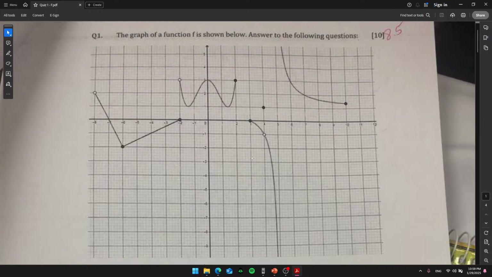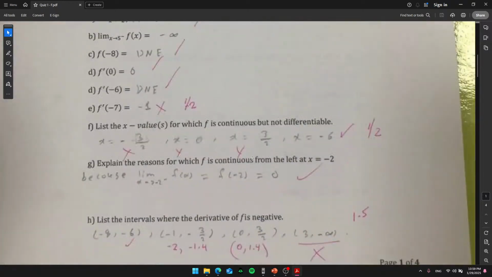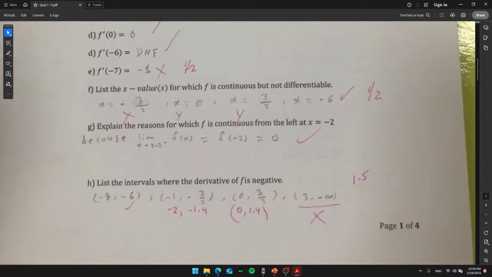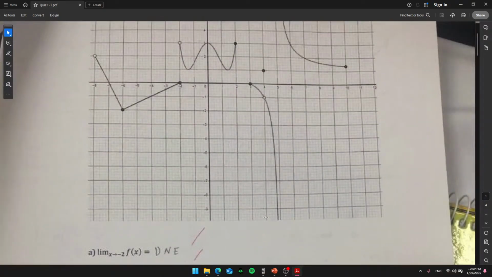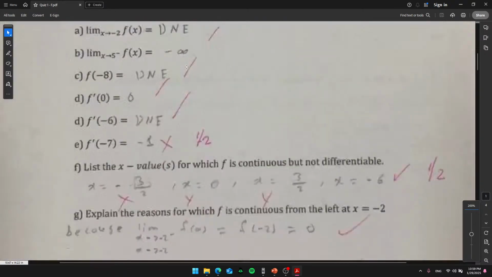And 5 to 10. 1.4? It should be 1.5, wouldn't it? It doesn't matter, honestly.